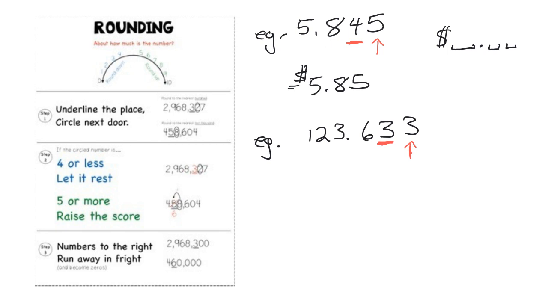So when we round, we're going to round this to $123. And remember, the rule is 4 or less, we let it rest. 5 or more, we raise the score. So we end up with 63. That's it.